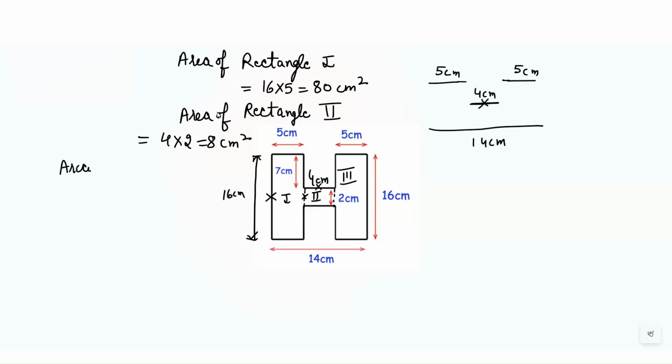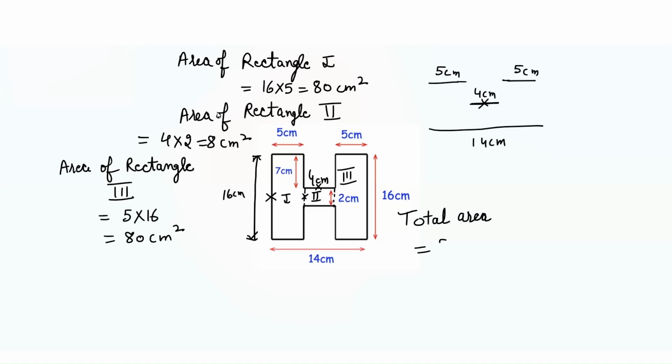Then area of rectangle 3 is equal to 5 into 16, which is again equal to 80 centimeters square. Total area is equal to 80 plus 8 plus 80, which is equal to 168 centimeter square. So that is the area of this compound shape.